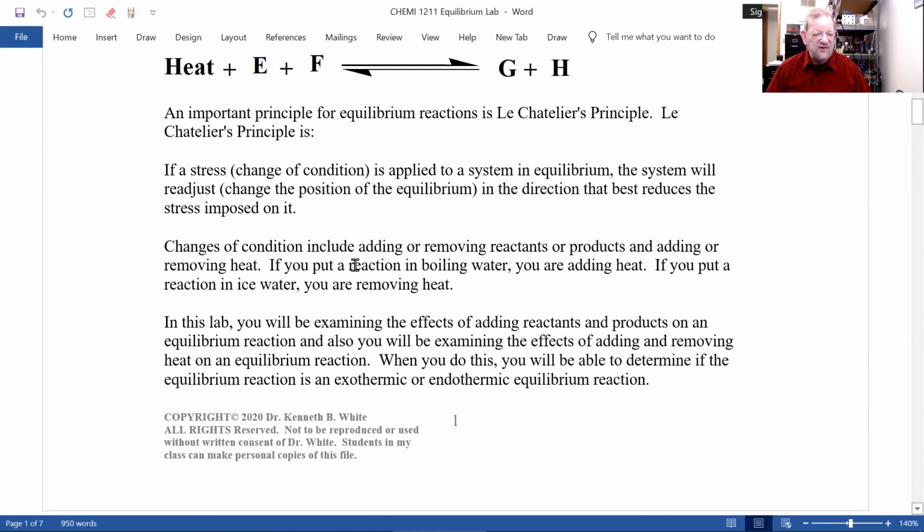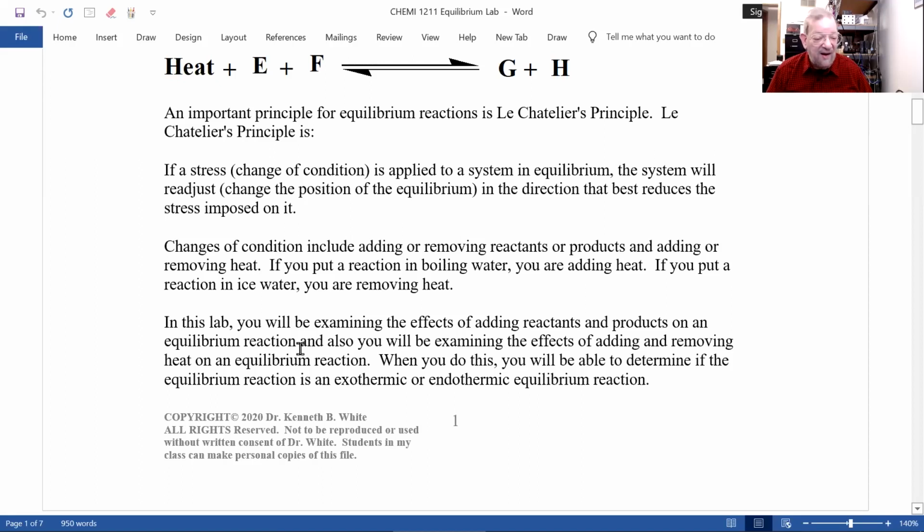Changing conditions by adding or removing reactants, products, or heat will change the concentrations. If you put a reaction in boiling water, you're adding heat. If you put a reaction in ice water or an ice bath, you're removing heat.